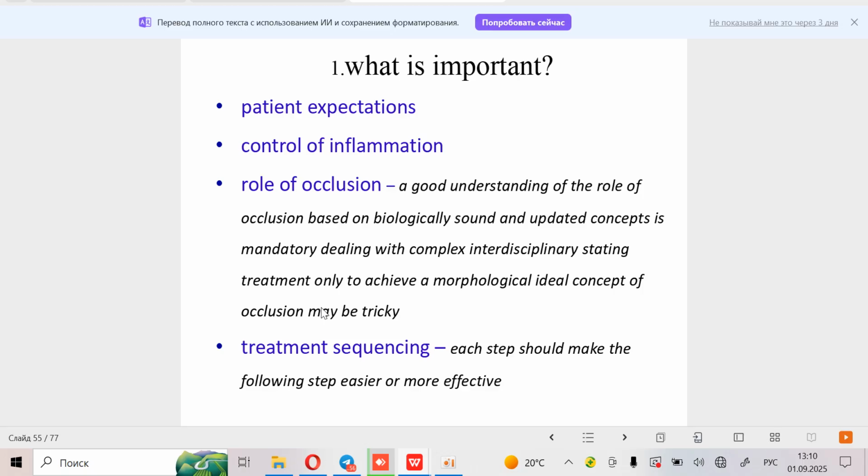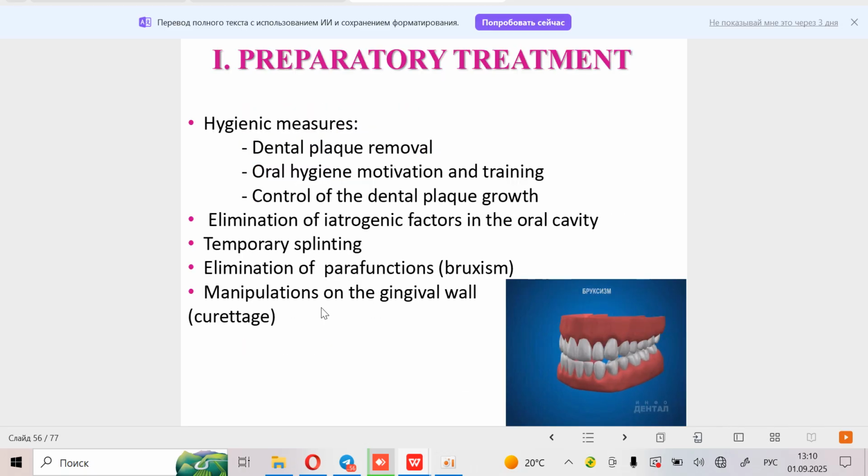And the next is treatment sequence: each step in interdisciplinary treatment should make the following step easier or more effective.